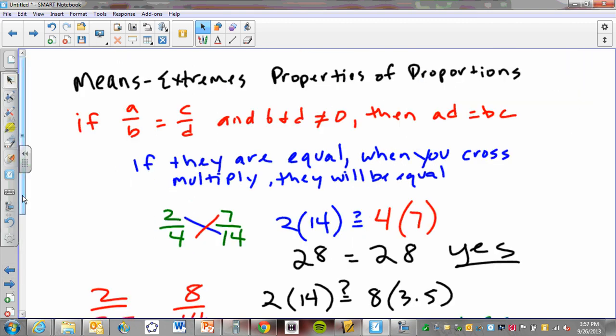Now, talking about means, extremes, properties of proportions. Basically, if A over B equals C over D, basically if our two proportions are equal, and B and D do not equal 0, then when you multiply A and D, it will equal the multiplication of B and C. Basically, if they're equal, when you cross multiply, they will be equal.